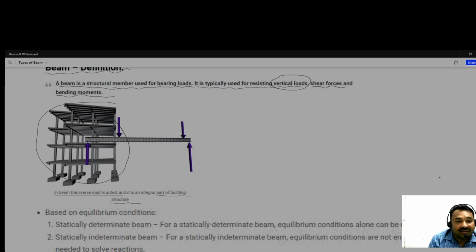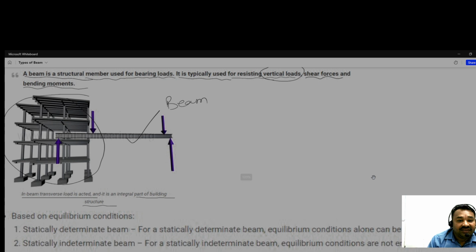So this beam here, this one beam, and see the loads. This is the vertical load, this is the vertical load, this is the vertical load, this is the vertical load, whether acting downwards or upwards.